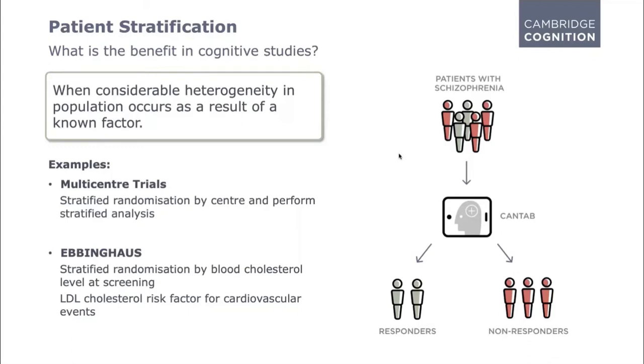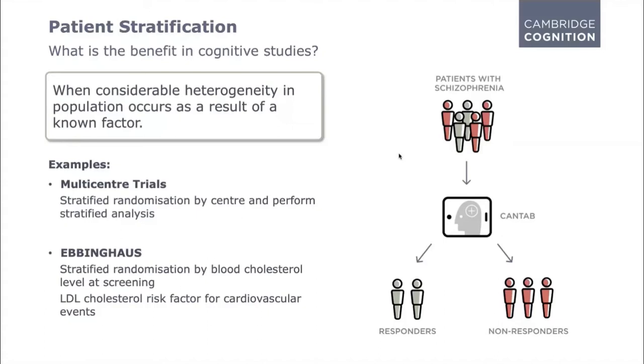A couple of examples of this are multi-centre trials, where we might perform stratified randomisation by the centre and balance recruitment across those centres, and then perform a stratified analysis by centre as part of the overall analysis. And that allows us to group individuals with more similar variability and account for that variability as we're estimating any treatment effects as part of the trial.